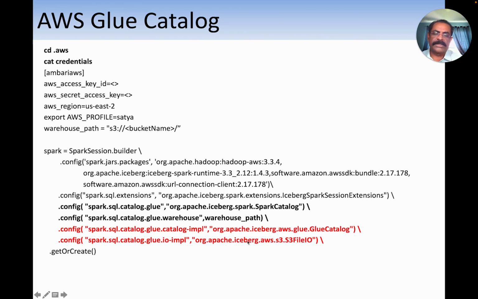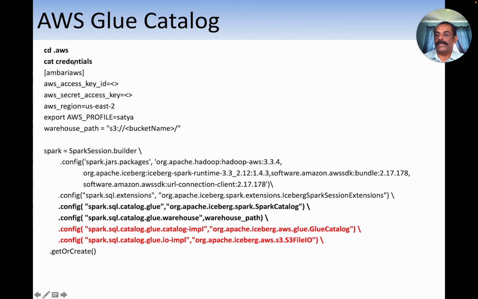And I have discussed the same thing in one of my YouTube videos about XTable migration from Iceberg to Delta, right? So I also discussed this same library. Once you have Glue, for example, if you want to convert a Glue-based Iceberg table to Delta, then you should use these libraries. Okay, remember that.